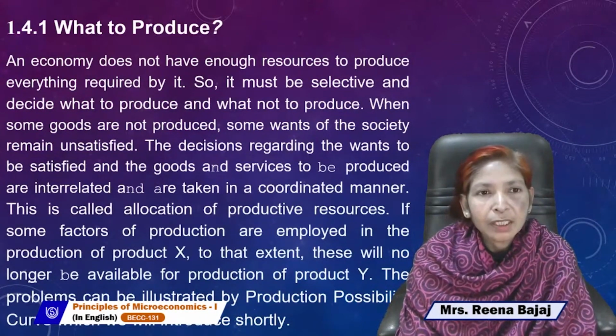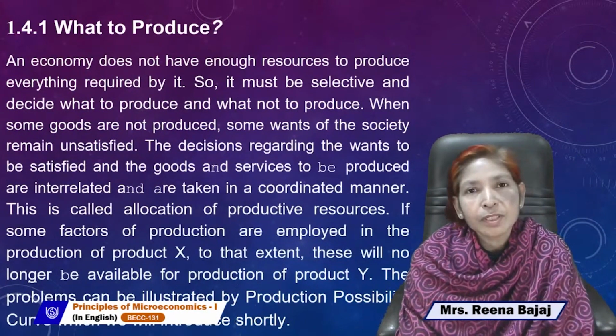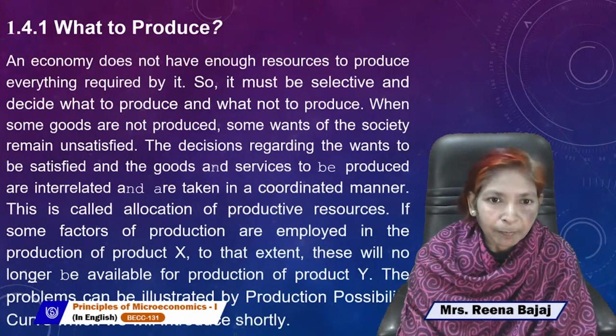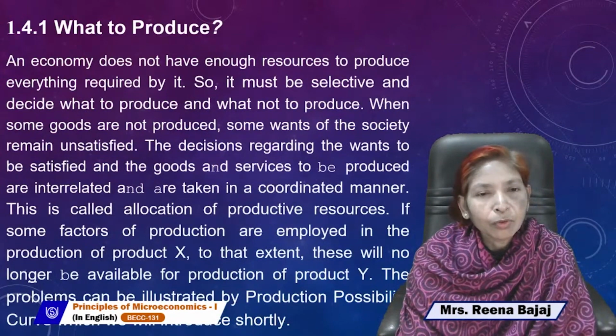What to produce: generally, we have two options. A producer has to decide what type of goods and services should be produced in our economy and in what quantity. As you know, in an economy, we can produce basically two types of goods.